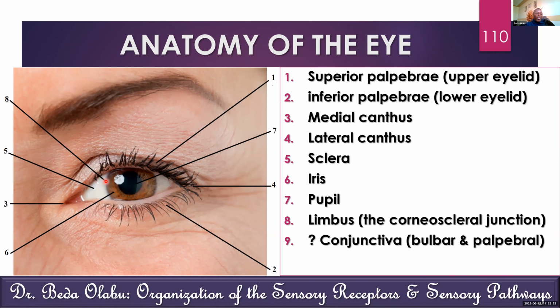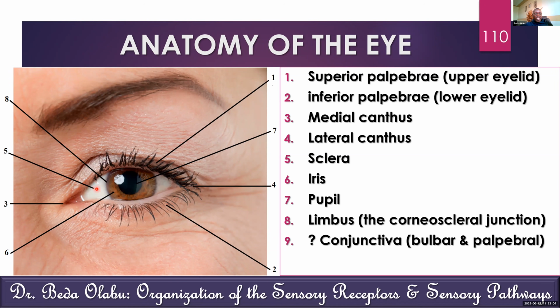So there's something called the conjunctiva as well. We're not seeing the conjunctiva at this point because the conjunctiva is a transparent mucous membrane. It's a transparent epithelial membrane that covers the outer part of the sclera. Then it reflects to cover the inside of the eyelids as well. For that reason, the conjunctiva is described to have 3 parts.